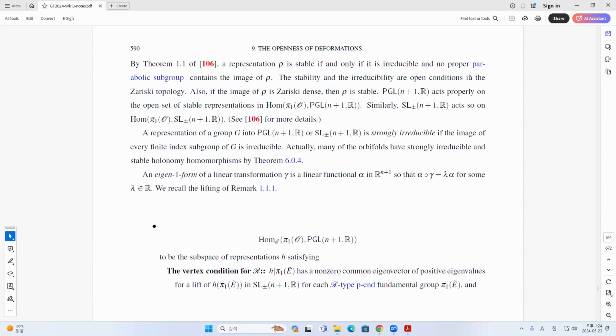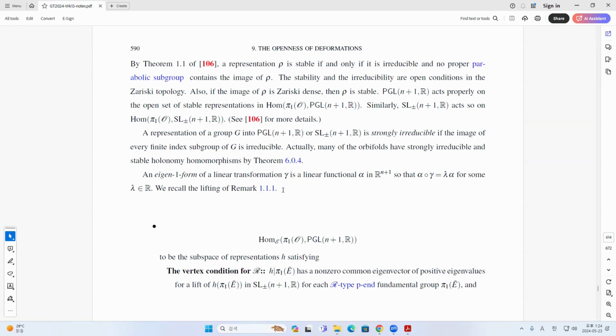These are all from the Johnson and Millson paper, and if rho is Zariski dense, then of course rho is stable, because it's not contained in a proper parabolic subgroup, and PGL(n+1) acts properly on the open set of stable representations. Similarly, SL(n+1) acts on it. A representation of a group into this is strongly irreducible if the image of every finite index subgroup is irreducible. Actually many orbifolds have strongly irreducible and stable representations.